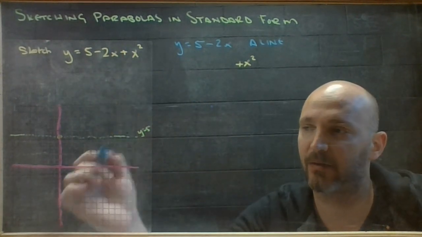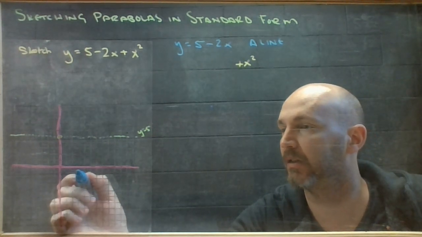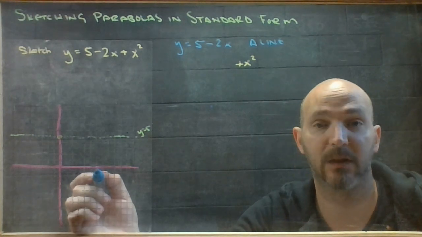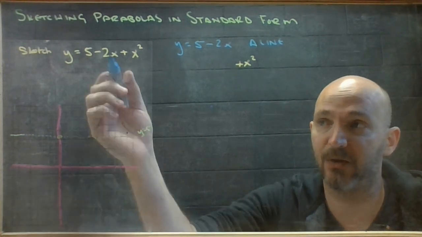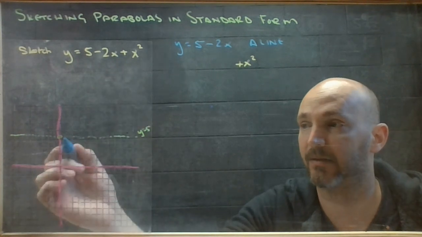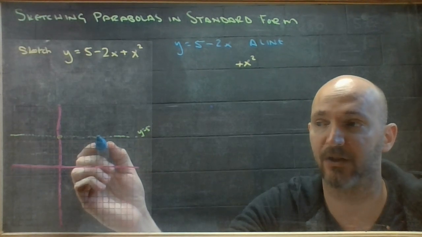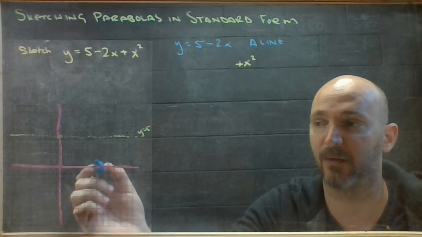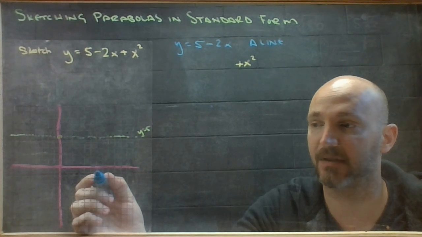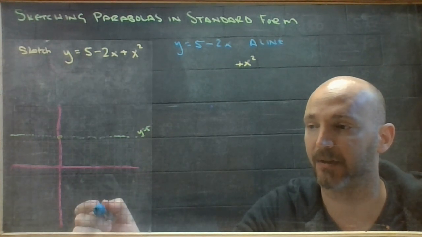So if I go to a particular place like 1, 2, 3, 4, 5, 6, I have to take 2 off 6 times when x is 6. So 1, 2. That's where x is 6. Take 2 off once, off twice, off 3 times, off 4 times, off 5 times, off 6 times.